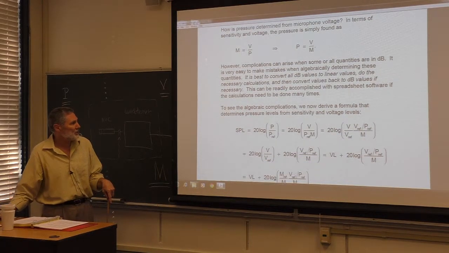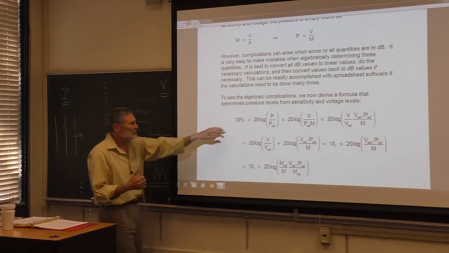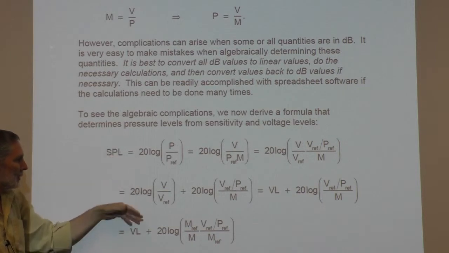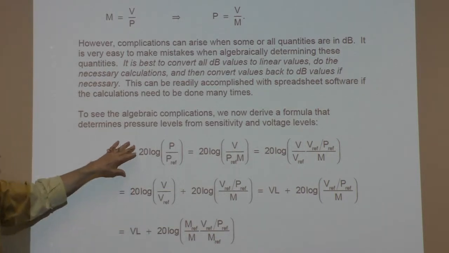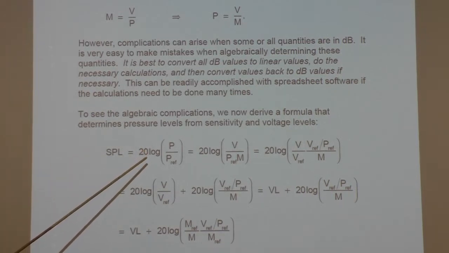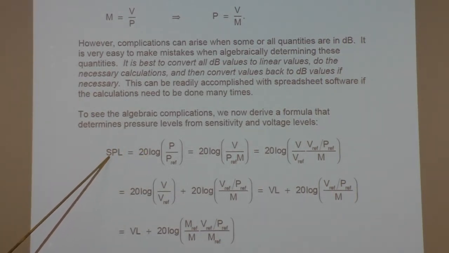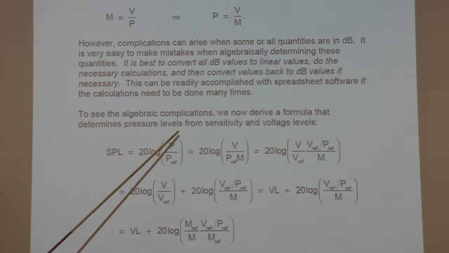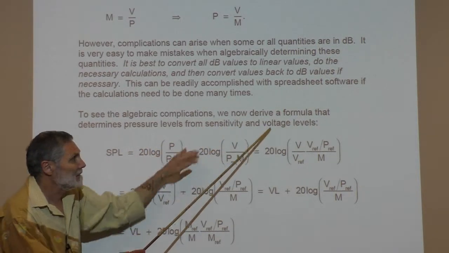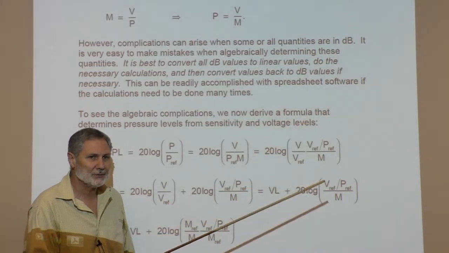And to show you how complicated this can get, don't use this, okay? I've had students who, I guess they see it in the notes, think, oh, I'm going to have to use this. This is an example of what you don't want to do, all right? Suppose you want to find the sound pressure level from the sensitivity, and you're given the sensitivity level and the voltage levels. Okay, that sounds reasonable.